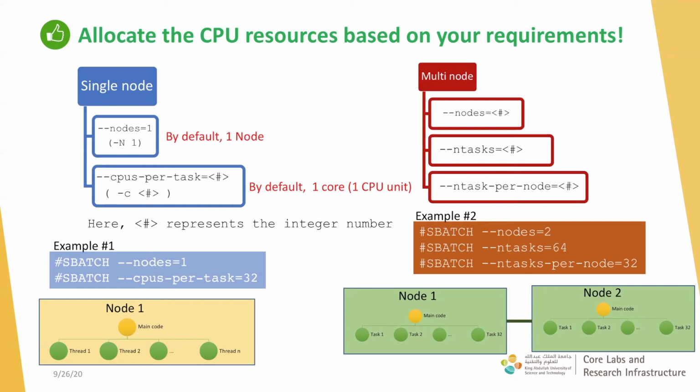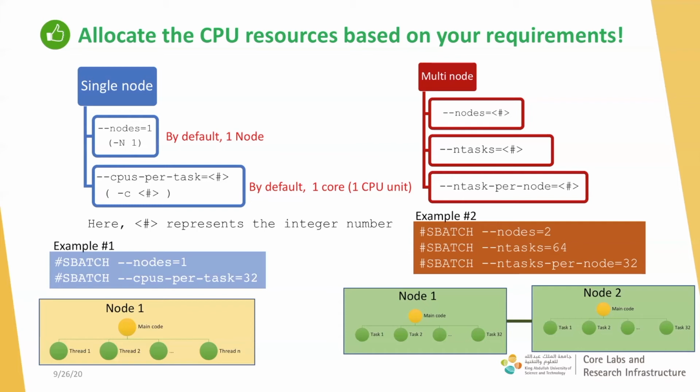So ensure which parameter you want to use based on your application's nature. Most bioinformatics or biology users are encouraged to use CPUs per task because biology applications are mainly multi-threaded. So ensure the CPUs per task option is in your job script file.